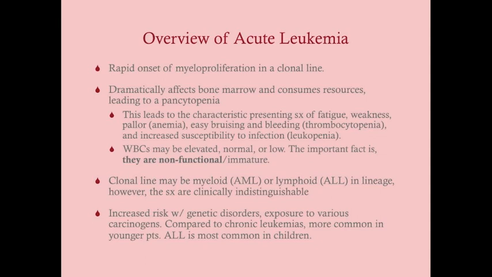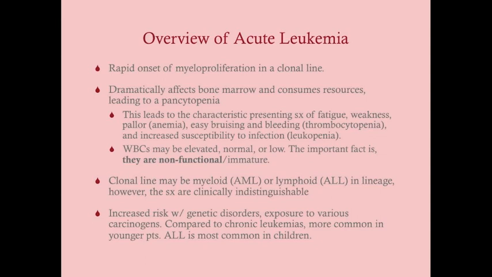In acute leukemia, because this happens so fast, it dramatically affects the bone marrow. And not only that, but it consumes the resources that are necessary to make blood cells. So if you're making basophils, for instance, and they're non-functional leukemic basophils, and you're making tons and tons of them because you have this clonal proliferative cell line, you're not going to have the resources to make red blood cells.